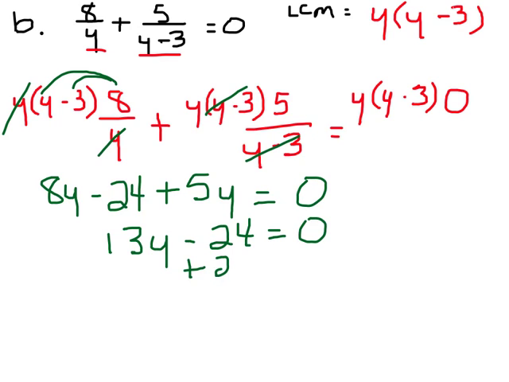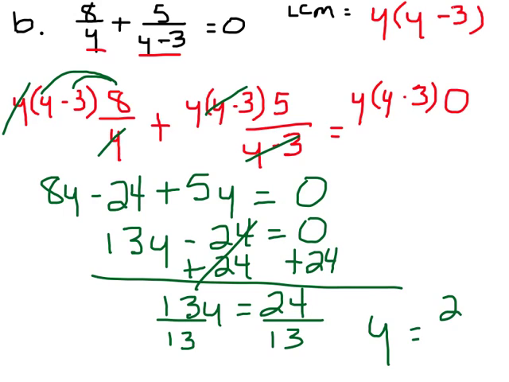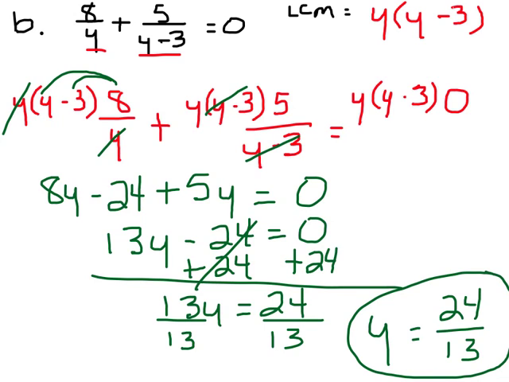I'm going to add 24 to both sides. 13y equals 24. Divide both sides by 13, and y equals 24 over 13. And we're just going to leave it like that, okay?